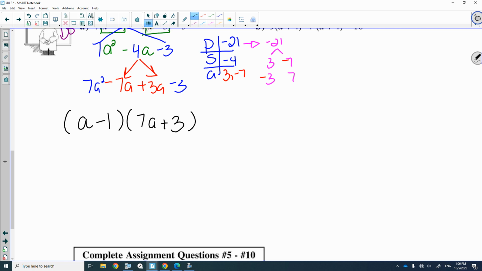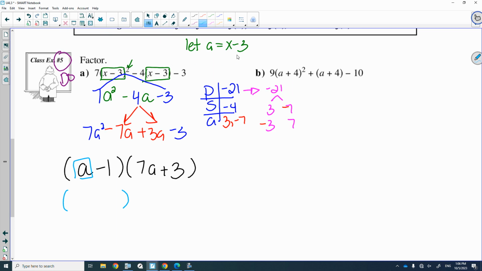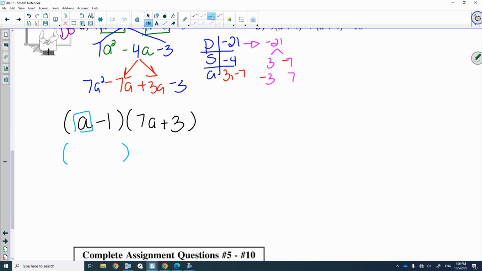Now, don't box that in, because I just made up a, right? Jack, what do you want me to do from here? That's right. Take this out and insert a is equal to x minus 3. So this will give me x minus 3 minus 1. Now, we've got to be careful with this one.